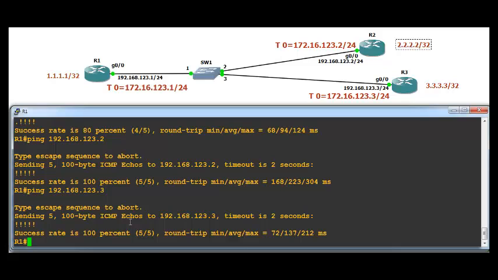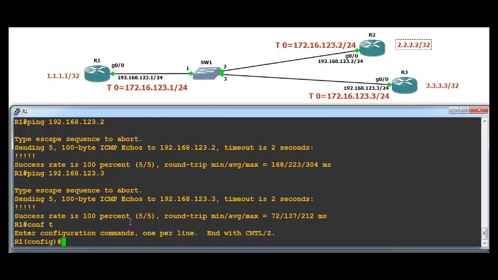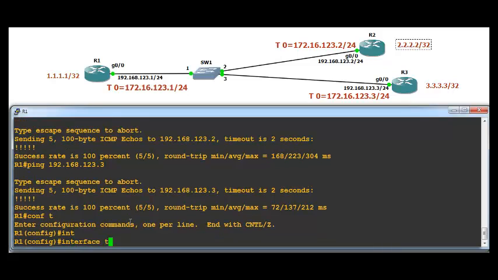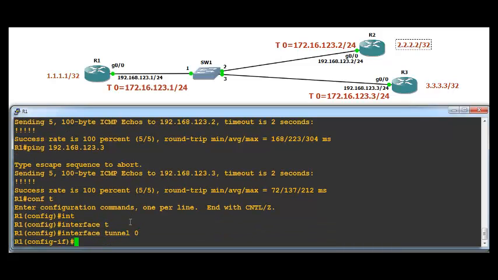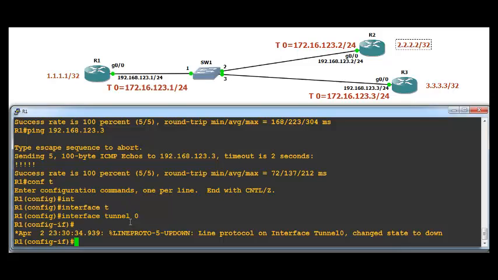I'm on R1. I'm creating a virtual interface called interface tunnel 0. Now why do you need this interface? This interface is going to have the tunnel parameters, sorry, not encryption parameters, encapsulation parameters. What do we really do here? We are going to take this packet coming from 1.1.1.1 and encapsulate it, or put another cover over it.